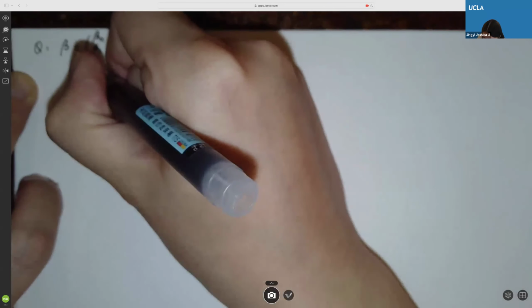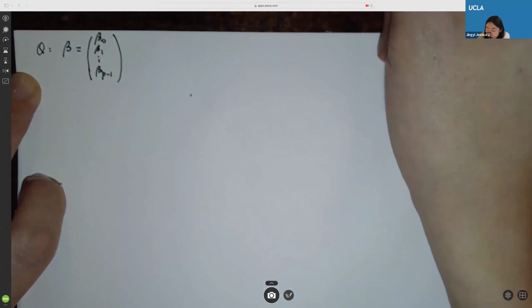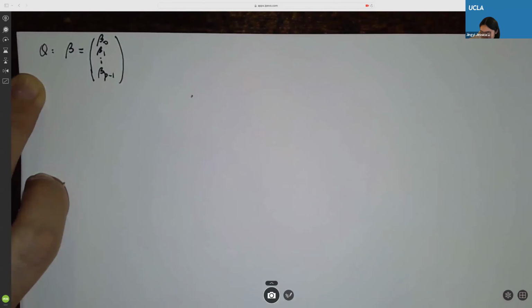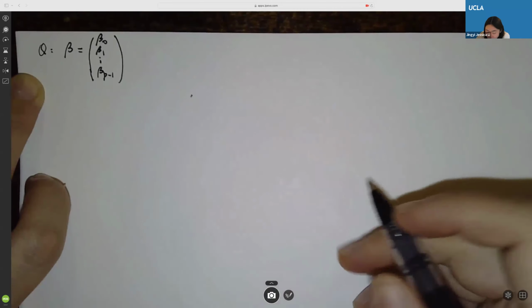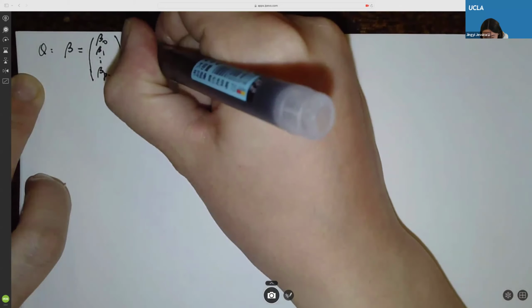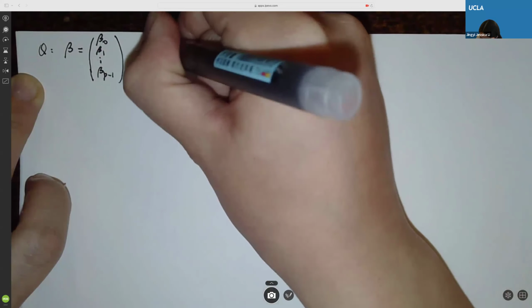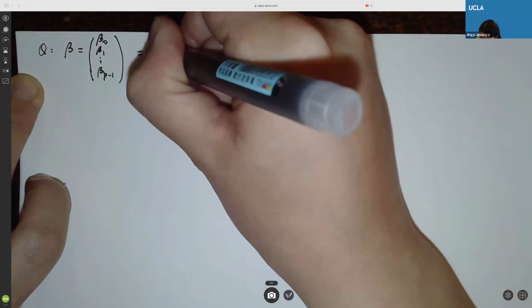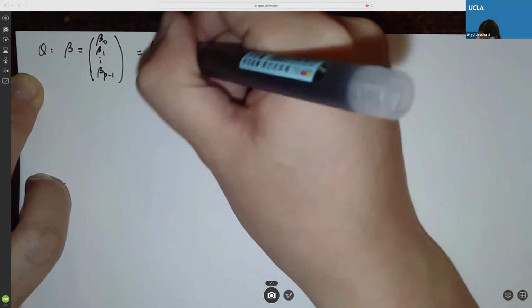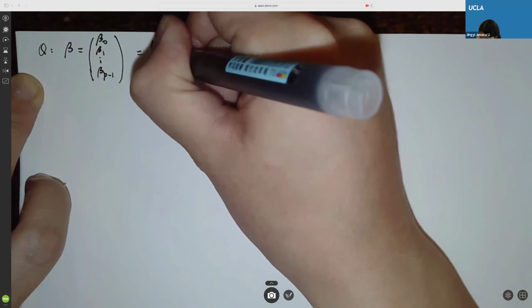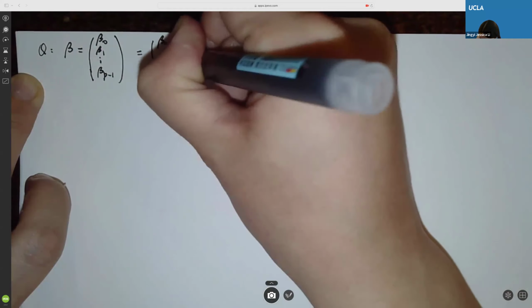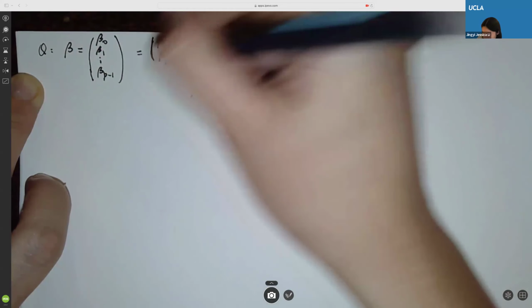The first one corresponds to the intercept, and the rest correspond to the coefficients. So maybe I just write it as beta 0 and beta 1 to p minus 1.